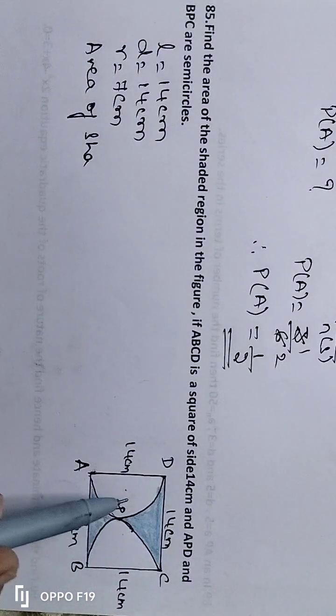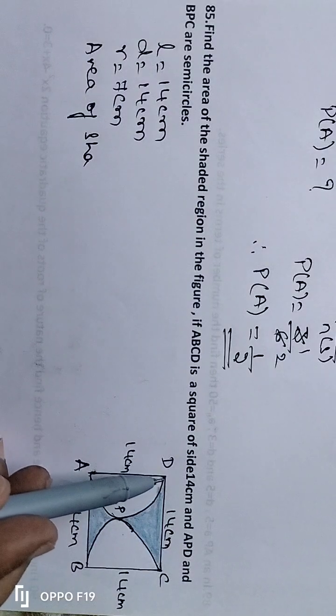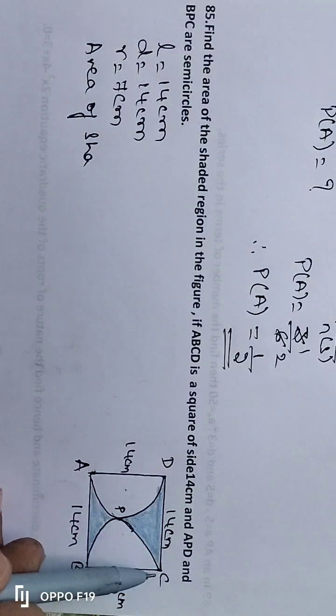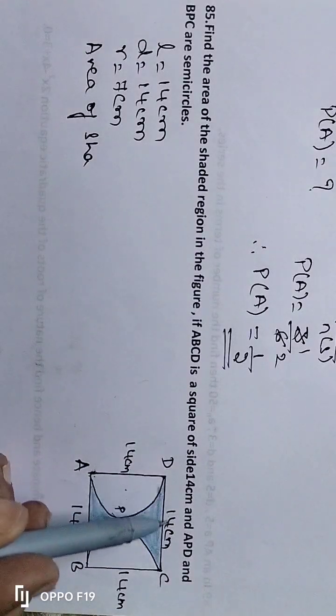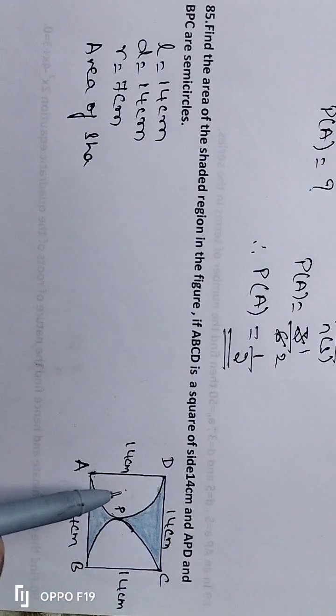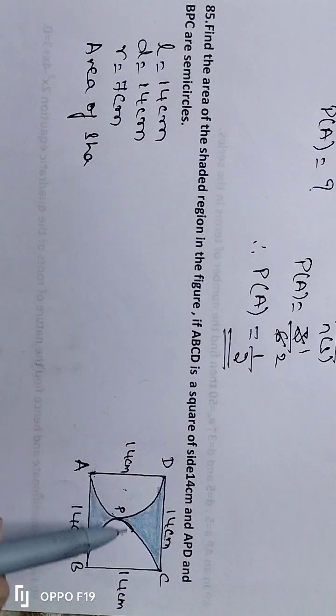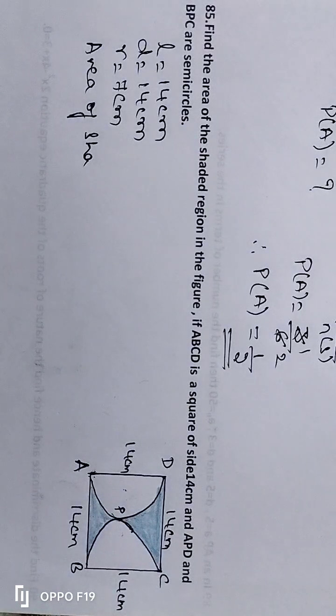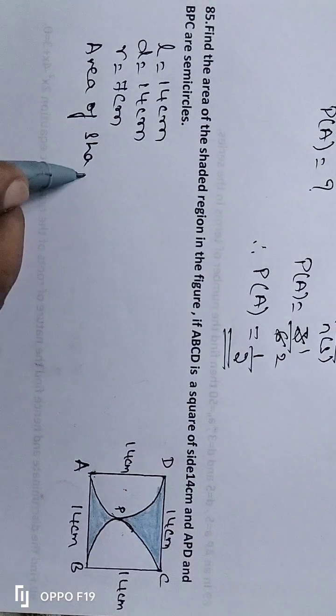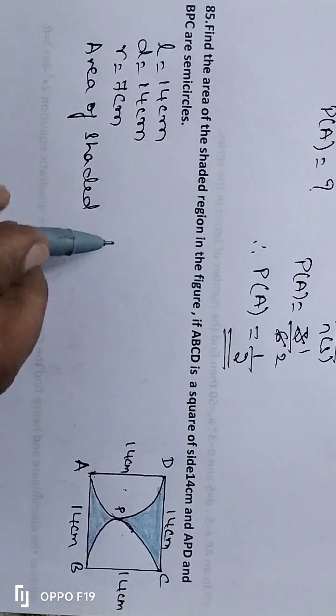So when you are writing, you can write like this: area of shaded region is equal to area of square minus area of two semicircles, or area of square minus area of circle, because two semicircles when joined will become a circle. So you can do it in any way.